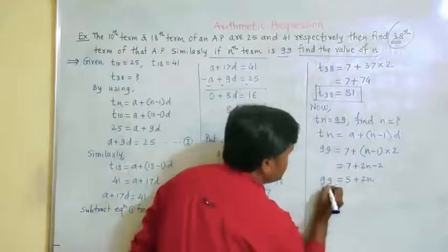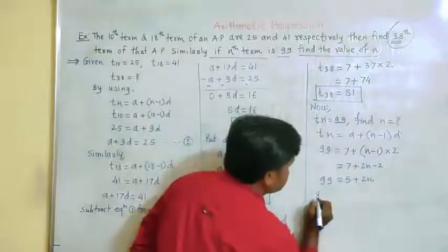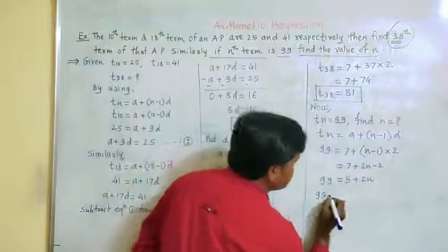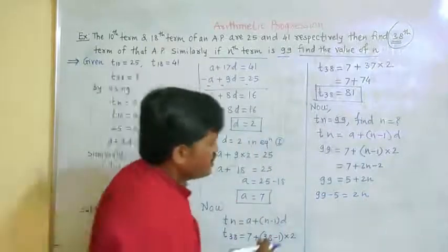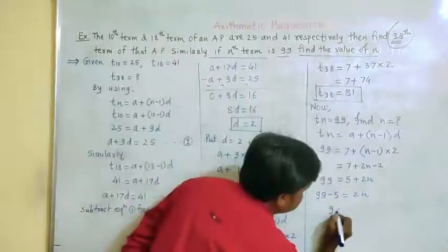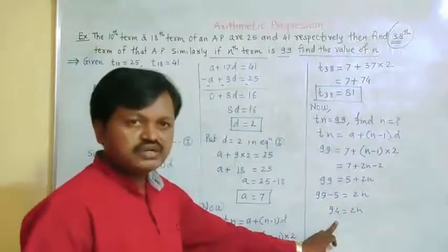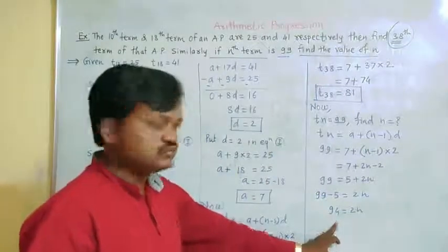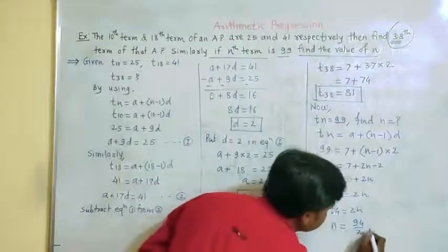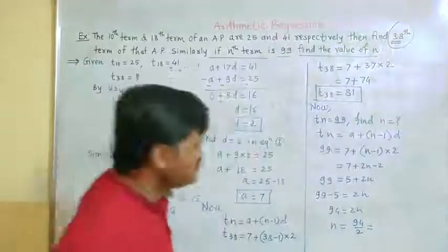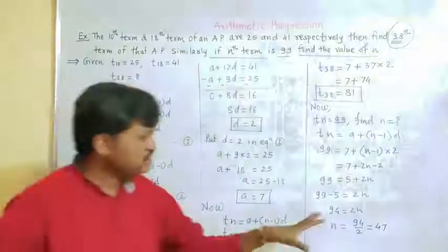This 99 is the same as it is. Now take this 5 on this side, it becomes minus 5, so 99 minus 5 is equal to 2n. Then 99 minus 5 is 94, equal to 2n. When you take this 2 on this side, it divides: 94 upon 2. So I write here directly, n is equal to 94 upon 2, how many is it? 47. So here we get the value of n, that is 47.